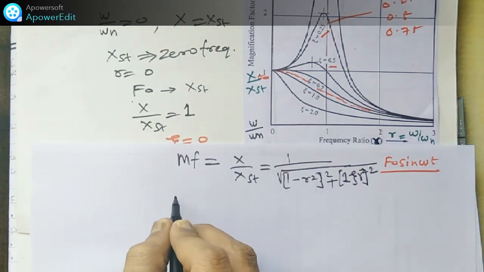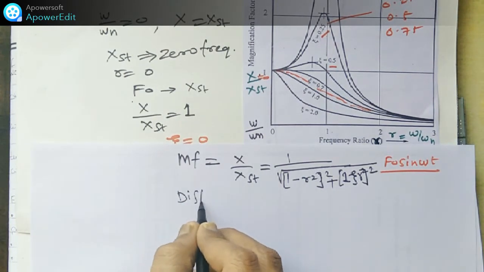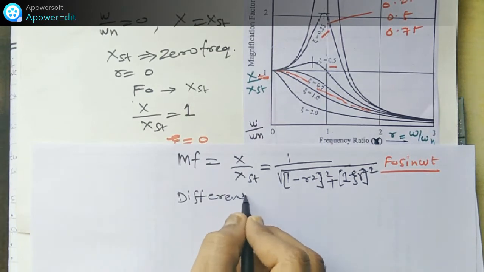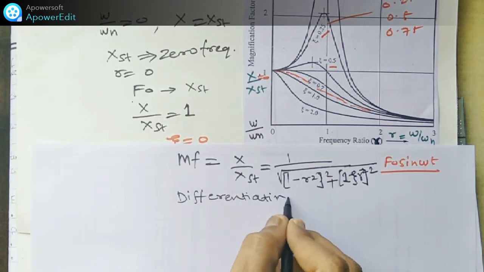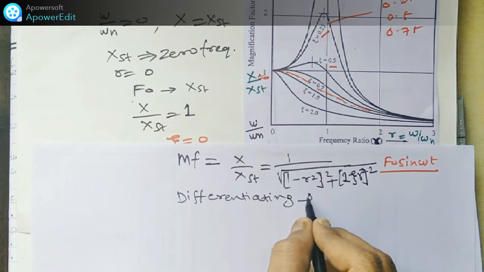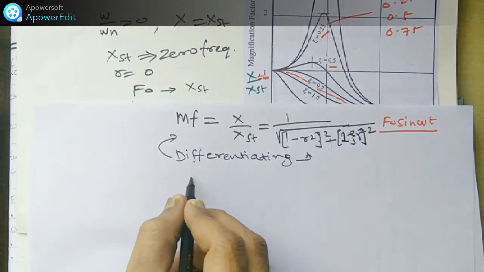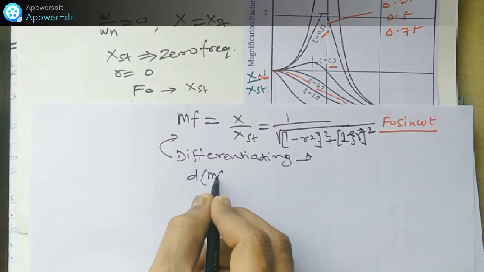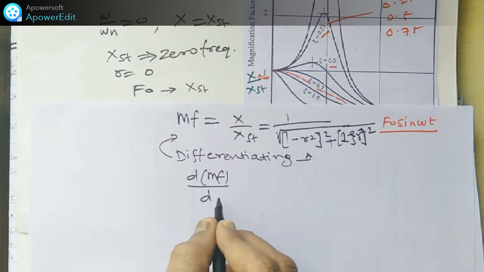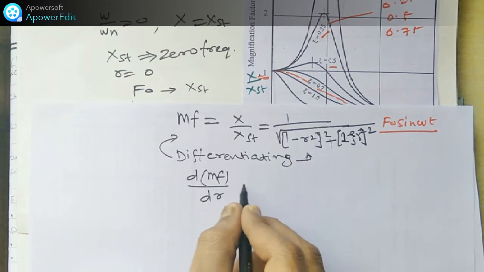Now we differentiate this equation: d(MF) by dr is equal to 0.